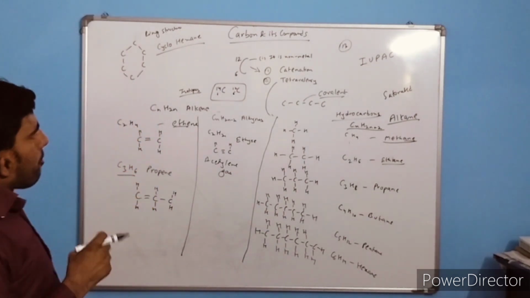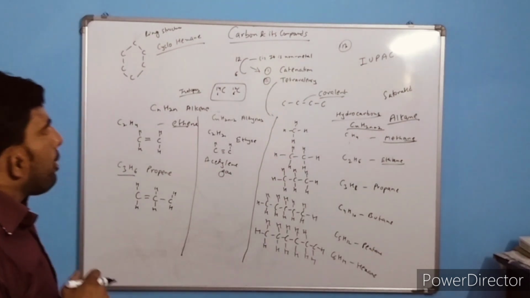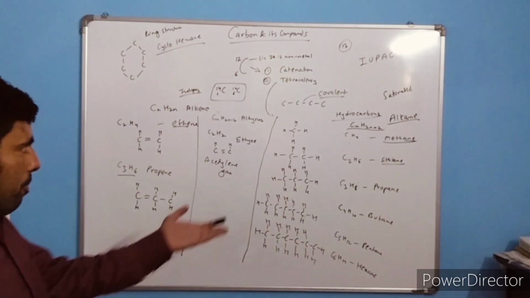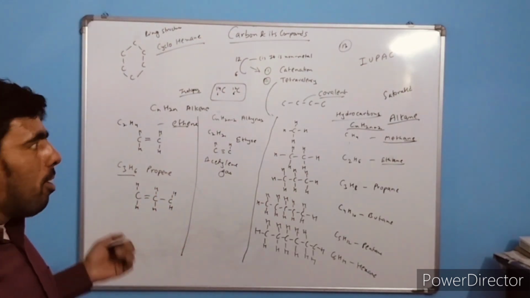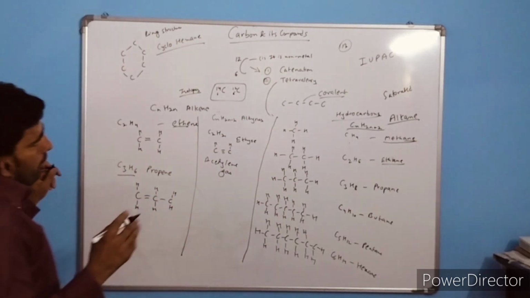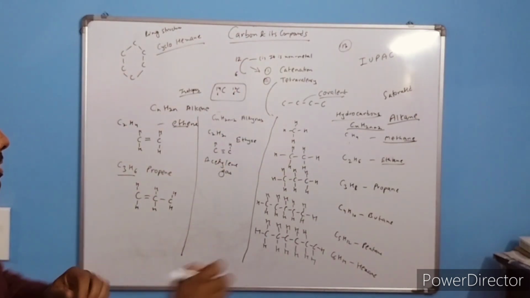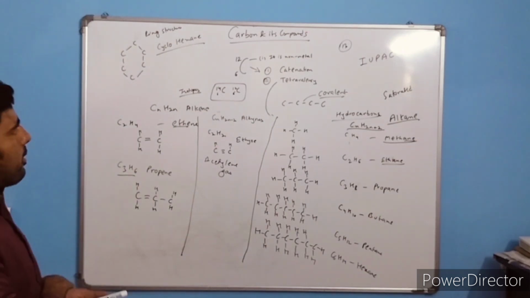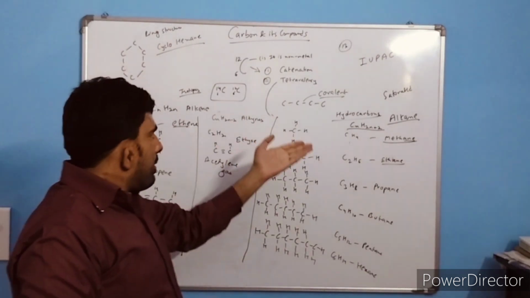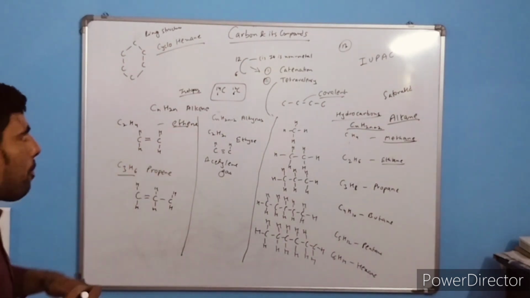My first motto is that we first should be clear with this, that is single bond, double bond, triple bond. So this is what they have given. That is how we can easily now identify this is a single bond and this is a triple bond. We can take more examples for triple bond.